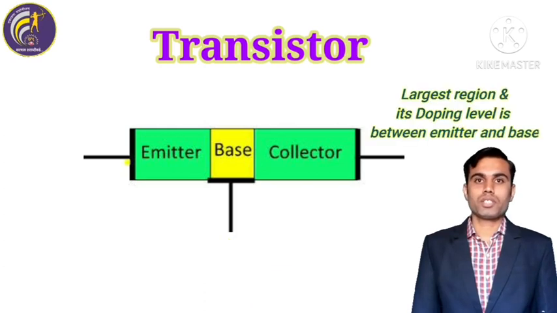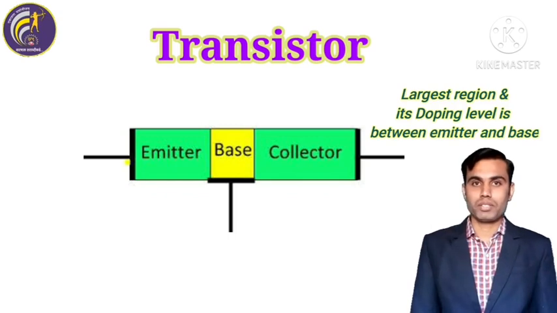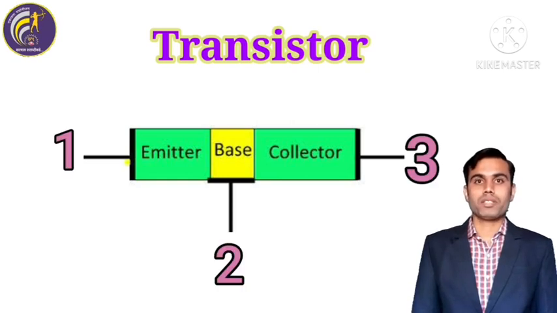Collector is the largest region and it is moderately doped. The doping level of collector is in between emitter and base. So transistor contains three regions called emitter, base and collector.